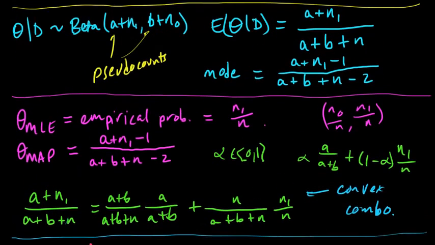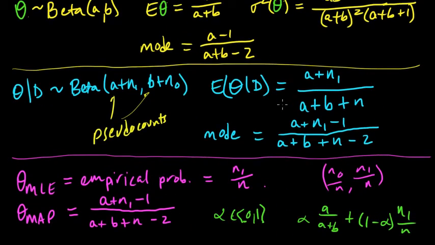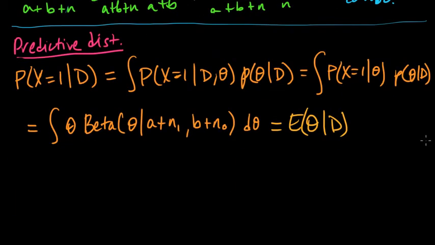And we know what that is: a plus n1 over a plus b plus n. So we can compute the predictive distribution in closed form.